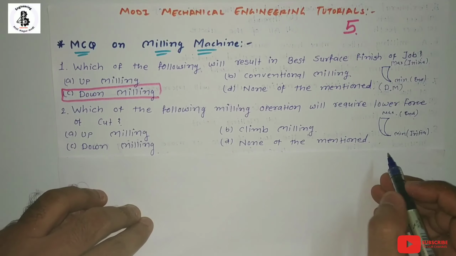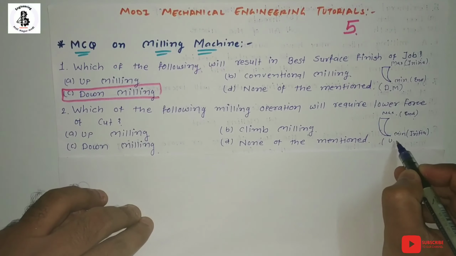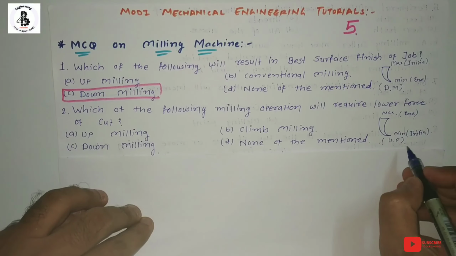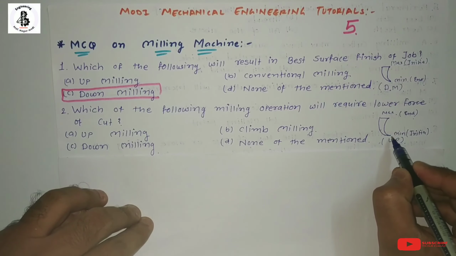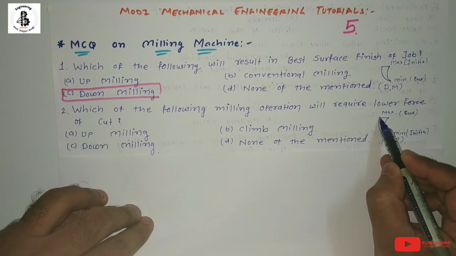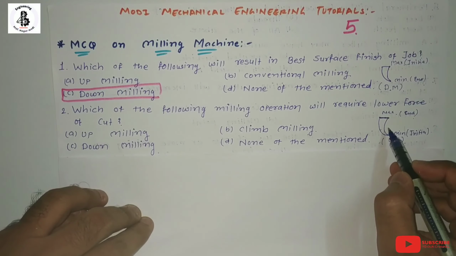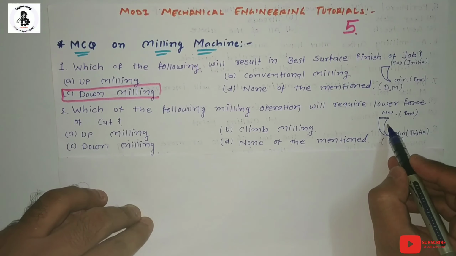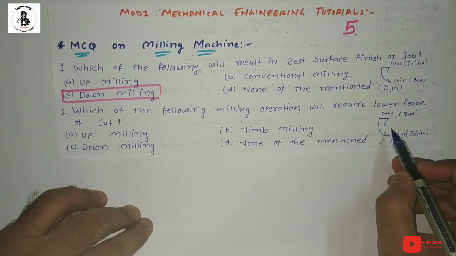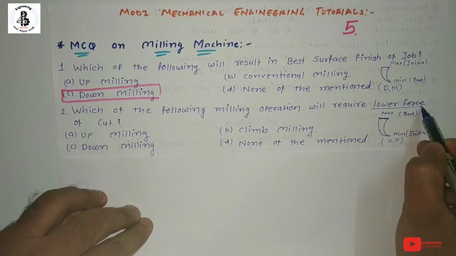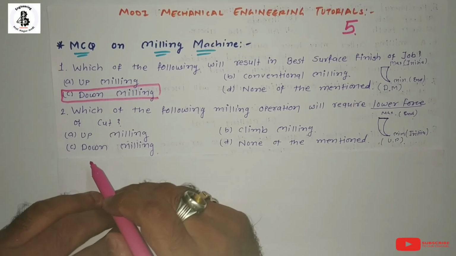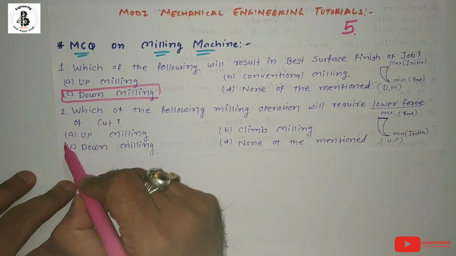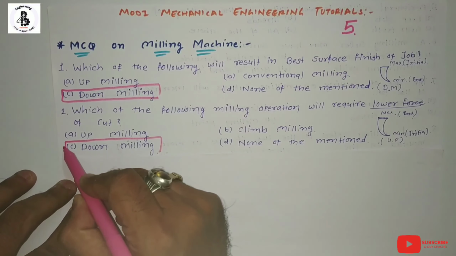So up milling requires a larger amount of force, because initially it is minimum, but at the end of the cut the maximum force is required. So for the requirement of lower force, once again it is the down milling process. So the right answer is C, down milling.